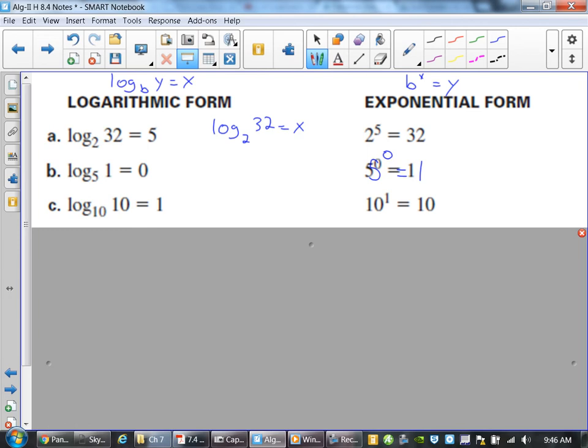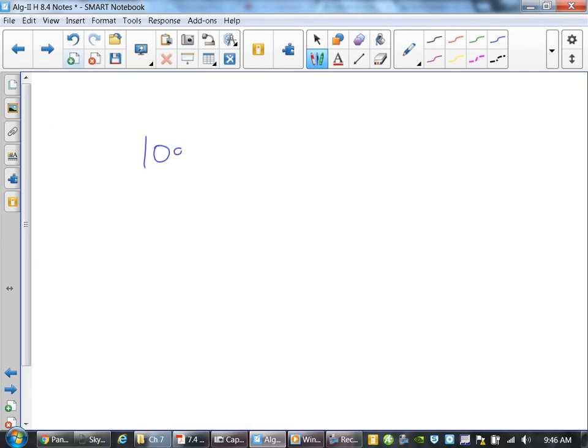Does that make sense? Now, one of the things you will see from time to time is if it just says log 10 equals 1. The logarithm base that you don't see, if you ever see just the word log, it implies that it always is a base 10. That means there's a 10 here that you just don't see.